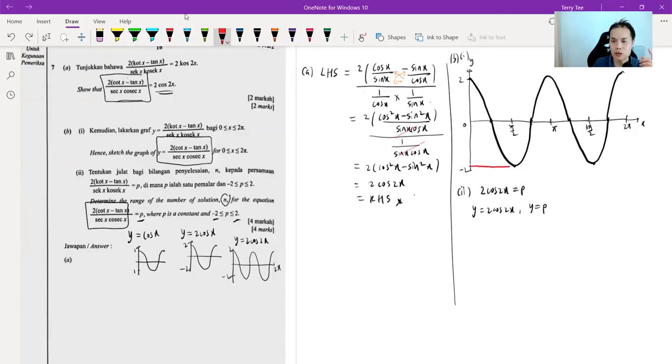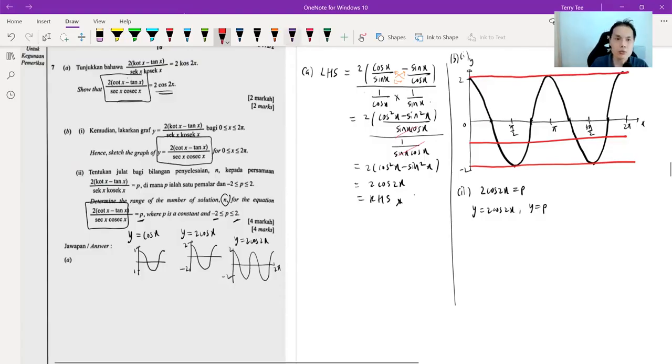Now, when I draw it here, you notice you will have exactly 2 solutions. If I draw it here, I will have 4 solutions. If I draw it here, I will have 3 solutions. So meaning your y equals p can be anywhere between -2 and 2, right? Can be here, or here.